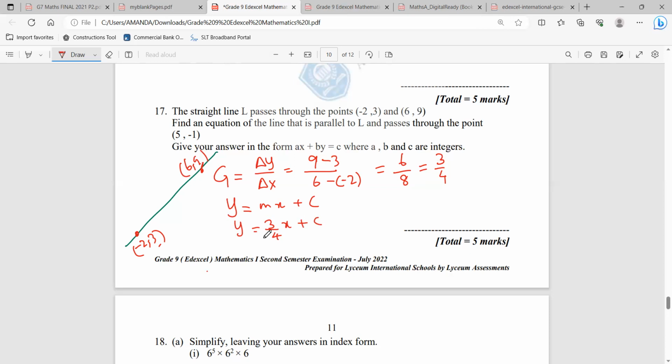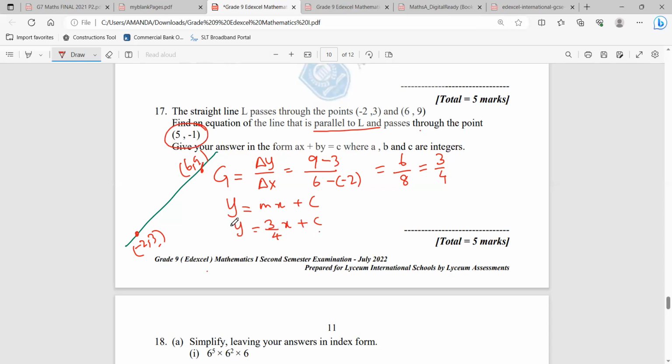To find that, they are saying that the parallel line is passing through the point 5, -1. So if we apply x and y into the equation, we can find c.